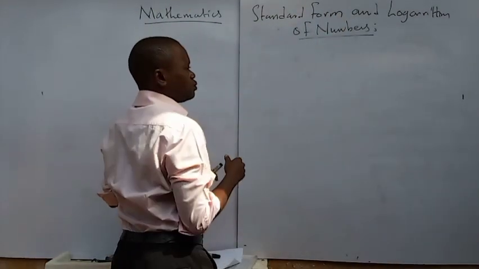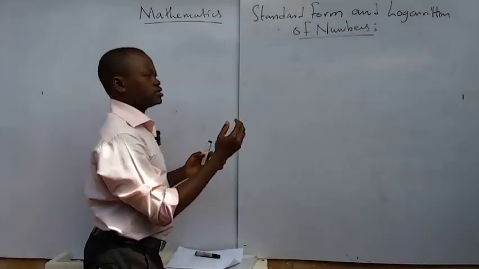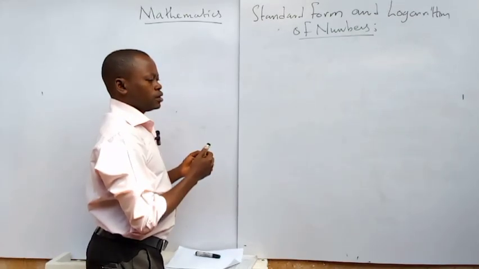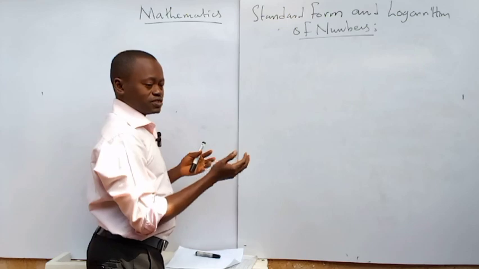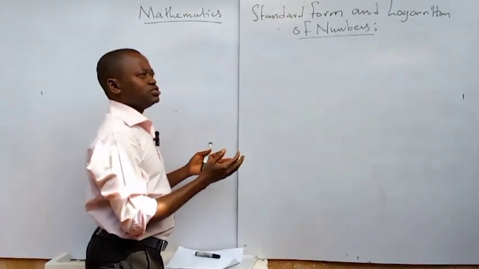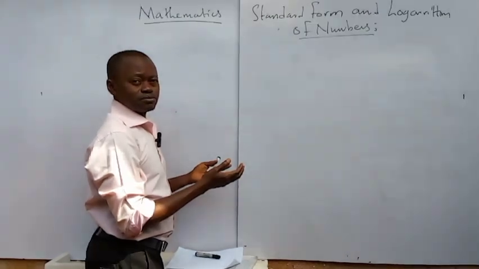Now, we are coming from the perspective of standard form. In junior secondary, one must have come to know what it means to put a number in standard form.